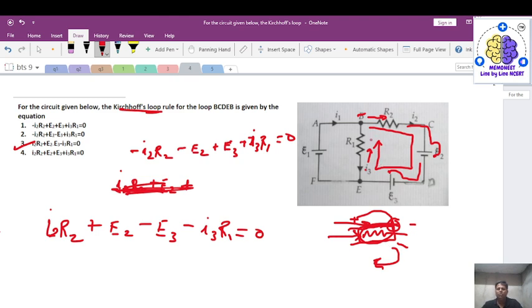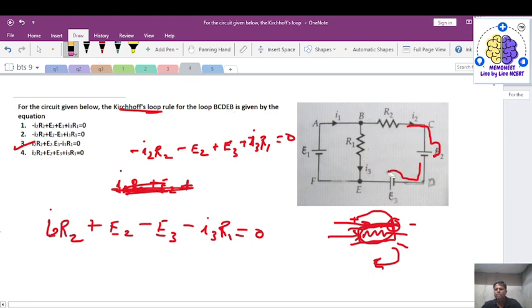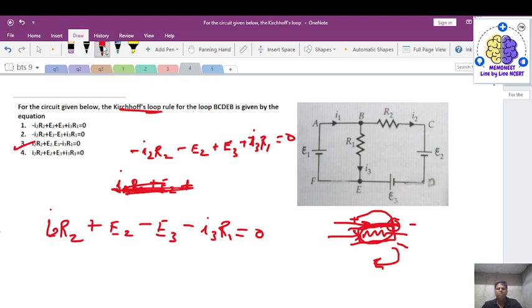So if you see this circuit diagram again, see what I have written here is, for writing the loop, when we move from here, we see that I2 is moving in this direction. So for R2, this will be taken as plus and this will be taken as minus.